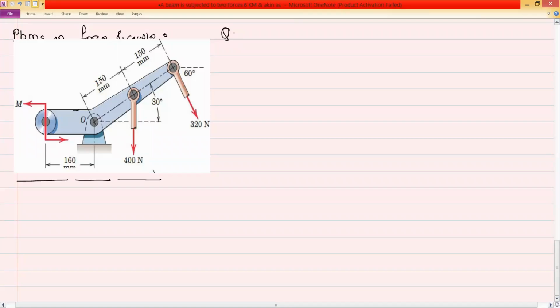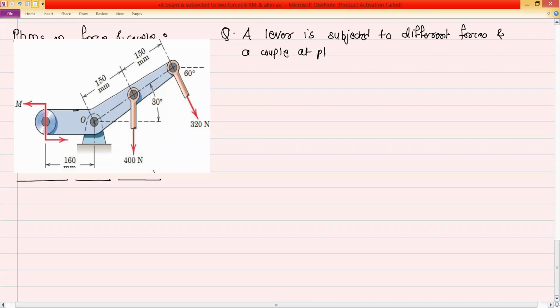So the question is: a lever is subjected to different forces and a couple at point A. Replace this system by a resultant force and couple system.